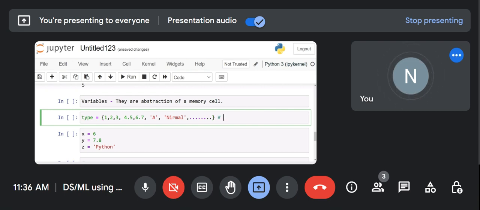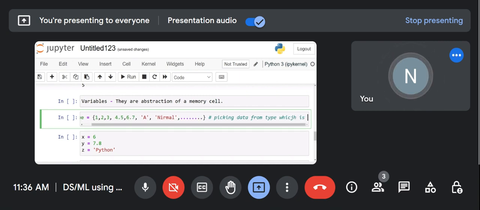So picking data from a type, which is actually a set of all items or data, and then we are saying, okay, this is an integer, this is a float, this is a character, or any other thing, that is said to be a data type.